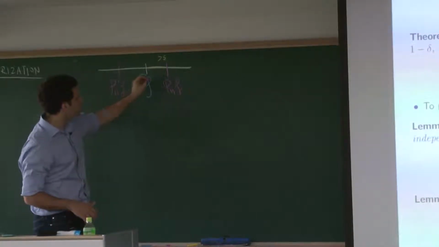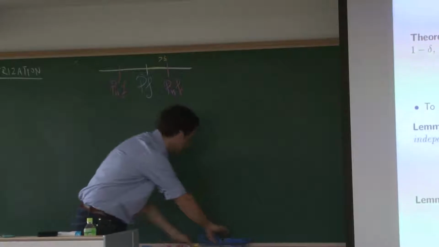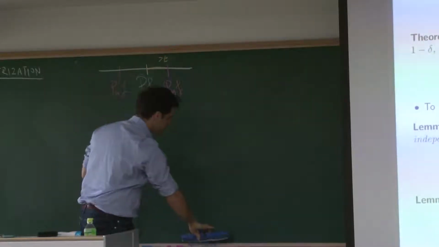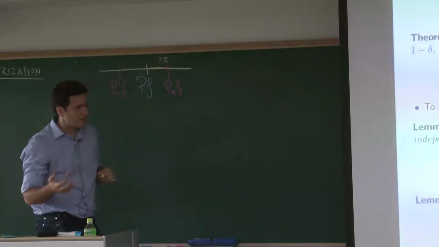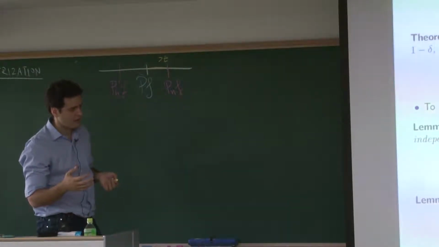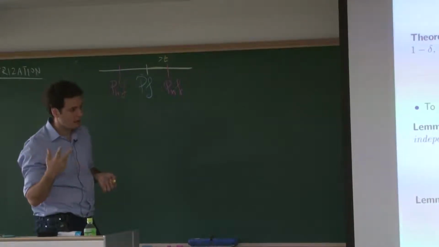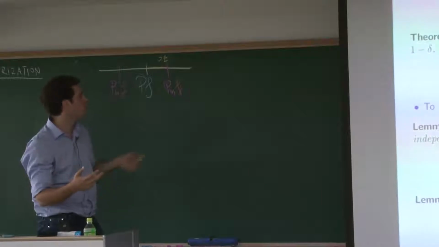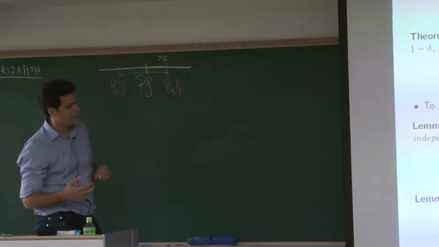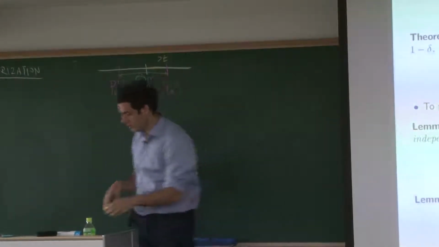And I'm going to say that the probability that this here is bigger than t, the supremum over all possible f of this is bigger than t, is itself bounded by twice the probability that the supremum between those two differences here is bigger than t divided by 2.